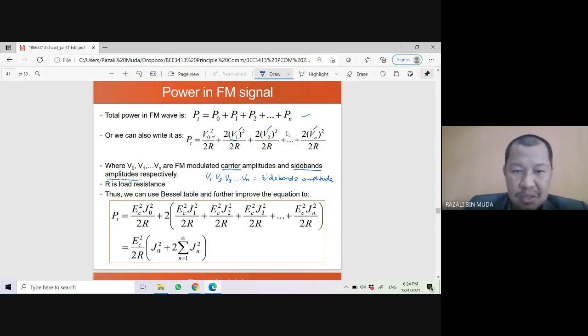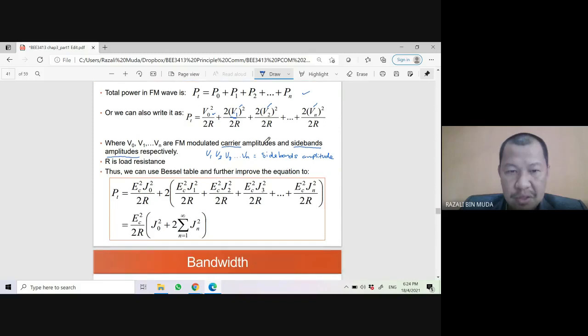Thus, we can use the Bessel table to further improve the equation. So PT equals EC squared J0 squared over 2R plus 2 times EC squared J1 squared, where EC squared J0 squared is V0 and EC squared J1 squared is V1, and so on until the end of the equation.